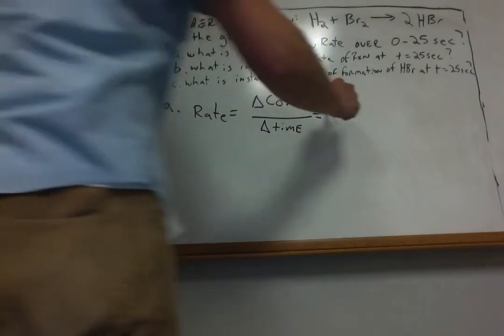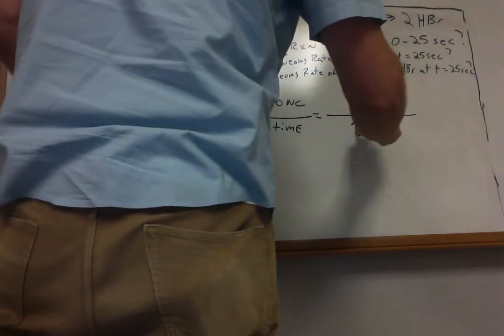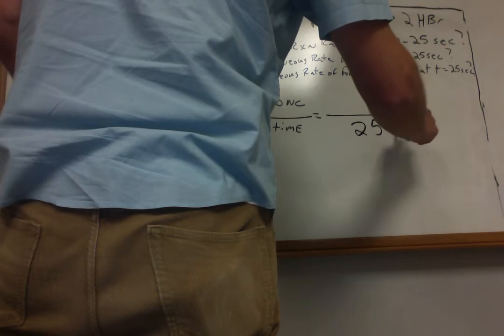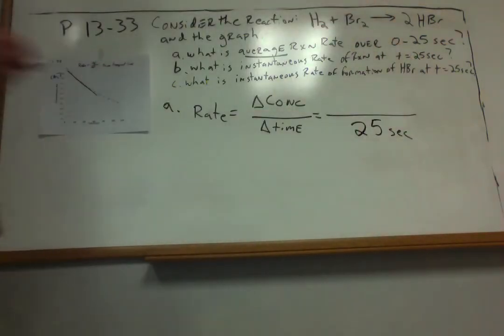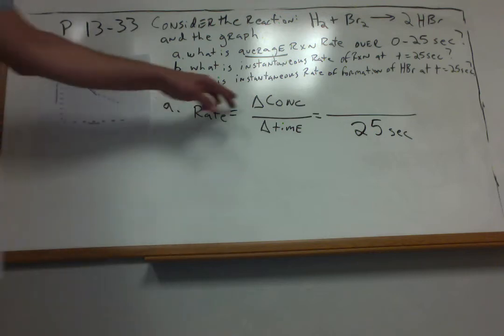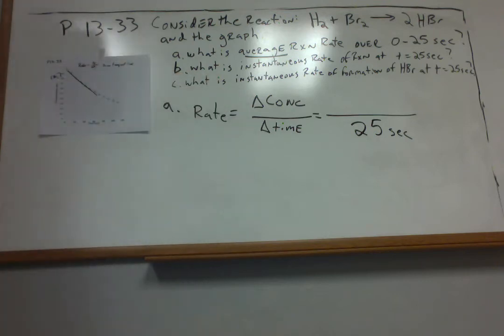Now, again, I like to gain momentum doing things that are relatively straightforward. So I know my delta t here is going to be 25 seconds, 25-second range that was given to us. But I need to figure out my change in concentration. So change in concentration of what?